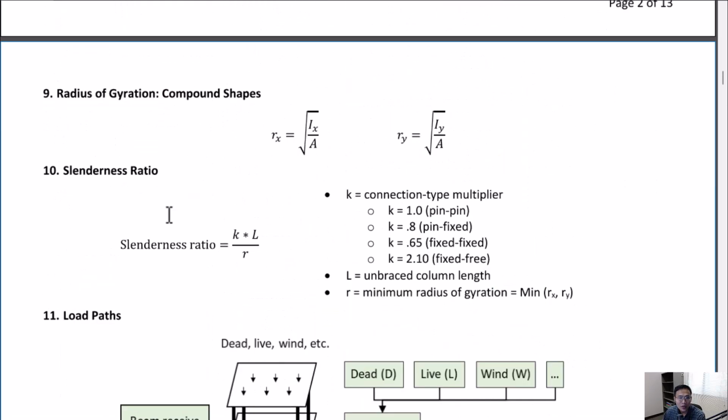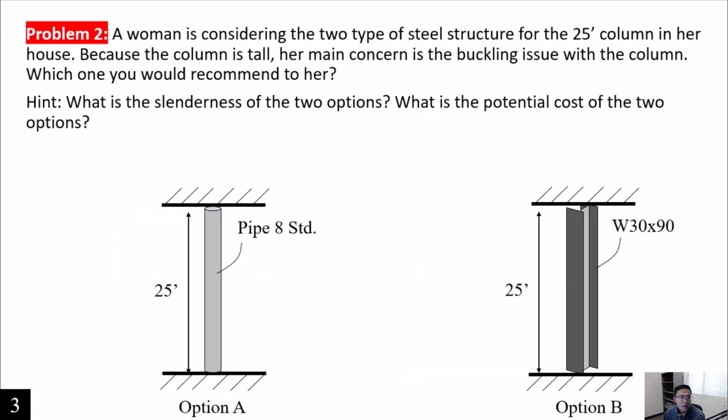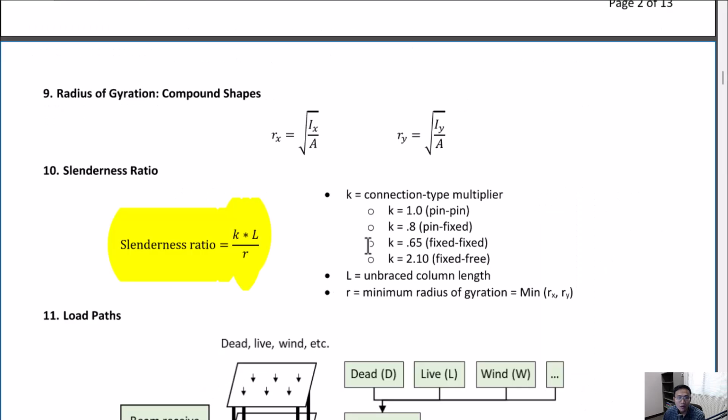Alright, so how can we calculate the slenderness? The slenderness ratio is equal to K multiplied by L divided by r. K multiplied by L, as I indicated in the lecture video, is the effective length of the column. Here we have a fixed support, so K will be 0.65.